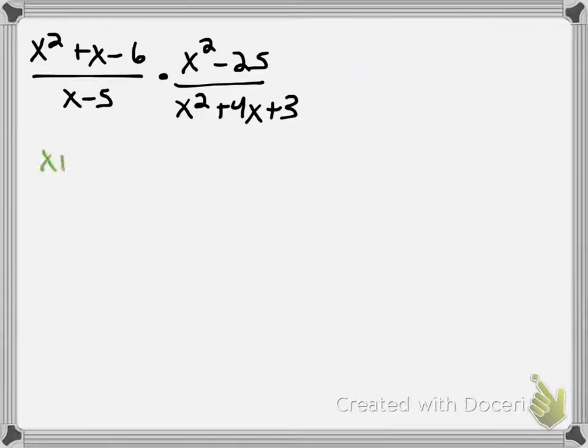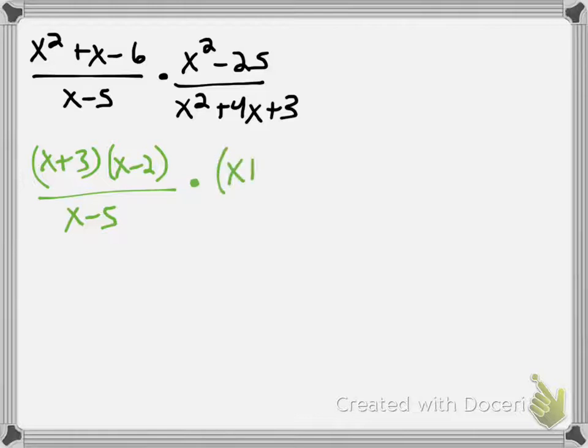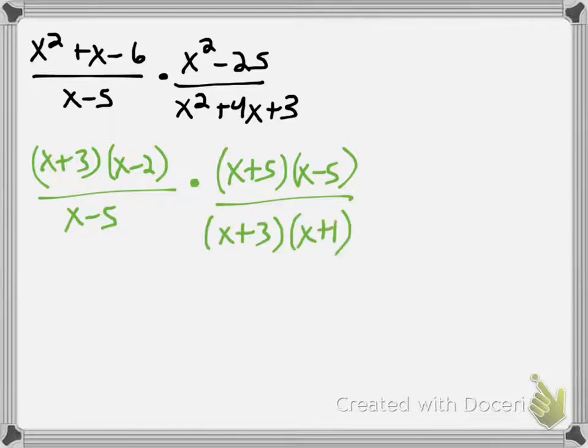So we got x plus 3, x minus 2 over x minus 5 multiplied by x plus 5, x minus 5 over x plus 3, x plus 1. So those are the factored, and again, if you're having a hard time factoring, you need to watch a factoring video. I'm not going to explicitly go over how to factor simple quadratics with a values of 1.